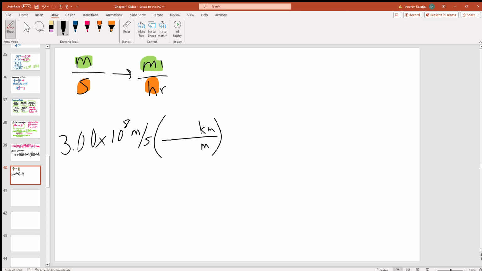So it just becomes for me sort of the easiest route to use. So 1 kilometer is 1,000 meters. And if we now stop and calculate that step out, and this is not something you would need to do on a problem like this, I'm just trying to go very, very stepwise so you can see where we're going. So that gives us 3 times 10 to the 5th kilometers per second.